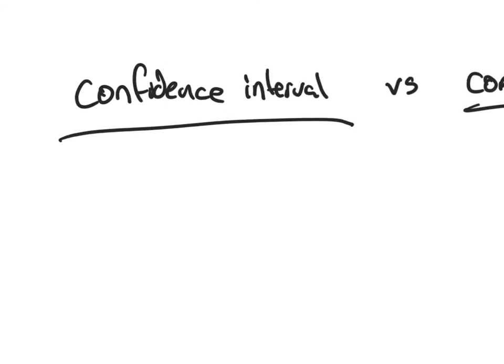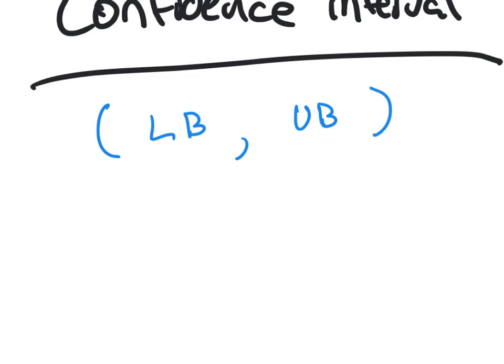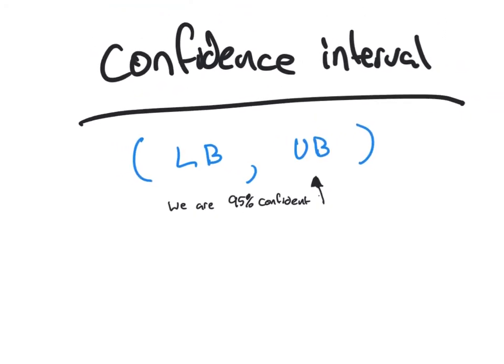The interval is literally the interval that we create. That is a lower bound and an upper bound. And what I would do is I would present this one physical interval, and I would say that we are, let's say it's 95%. We're 95% confident that this interval right here that we're doing captures the true population parameter. That's what a confidence interval is.